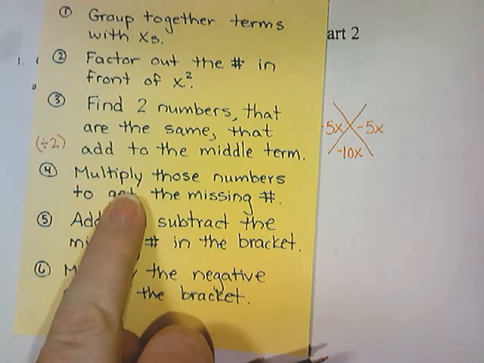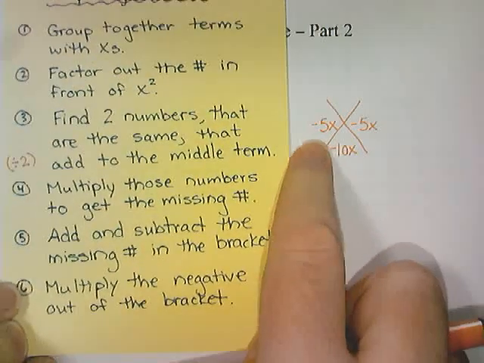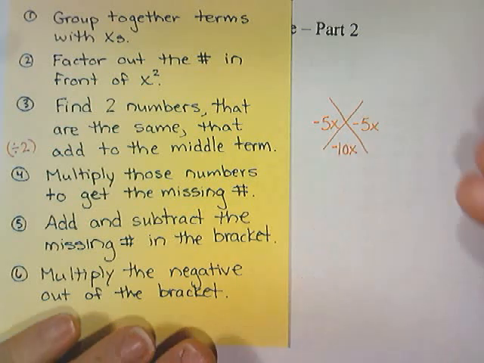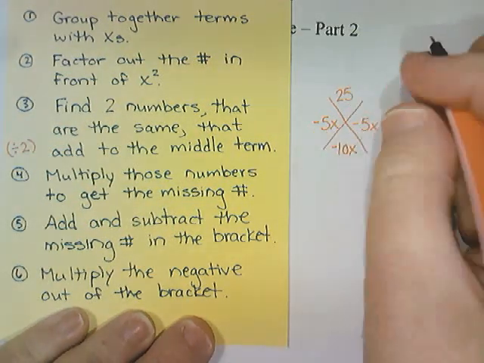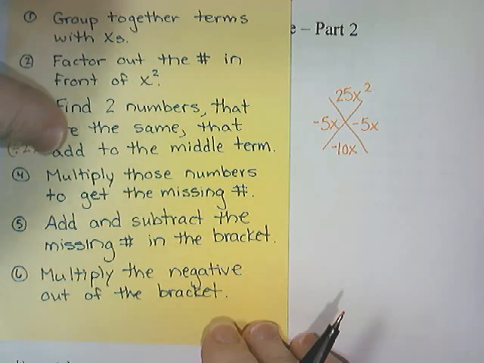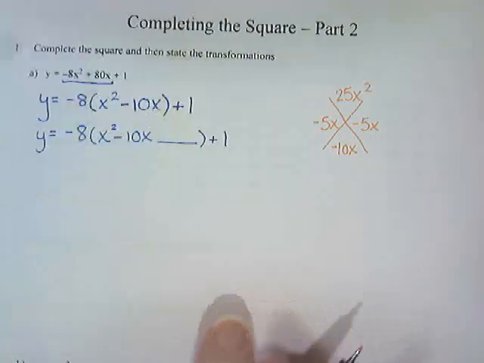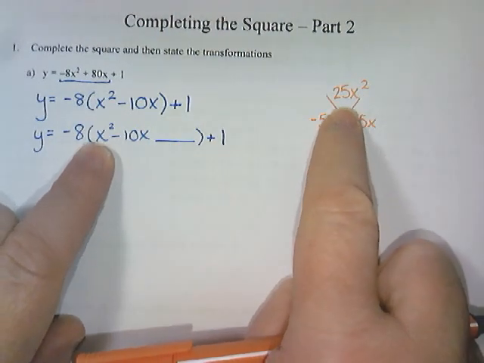And then it says multiply those numbers to get the missing number. So negative 5 times negative 5 is positive 25, and x times x is x squared. So that means when I was multiplying the first term and the last term, I get 25x squared.